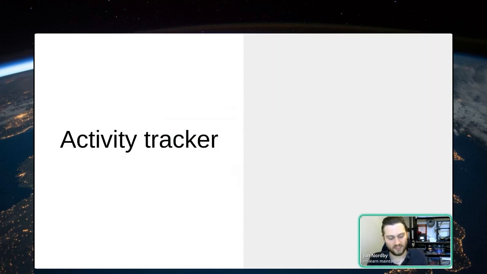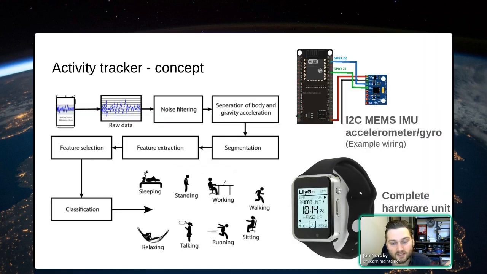Okay, so that's a little bit about sound and how we can use C modules to process data, and DSP, digital signal processing, of sound. Here's an example of machine learning. This is an example of an activity tracker.